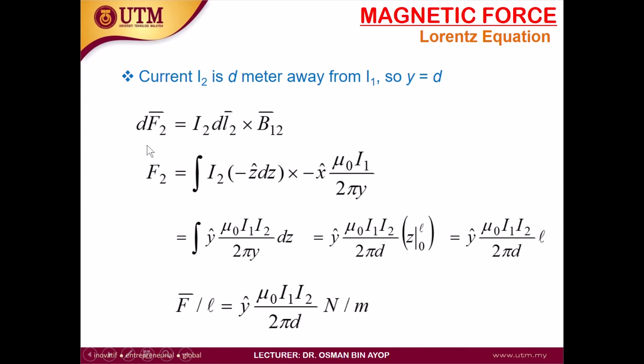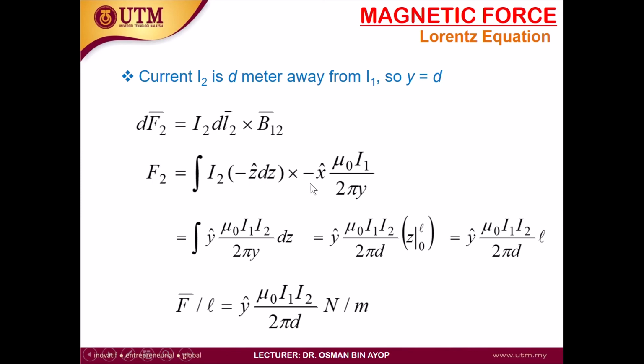So the force dF2 equals I2 dL2 cross B12. To find the total force, F2 is equal to the integration of I2 with negative z dz. Why do we have negative z dz here? Because the direction of current I2 is in the direction of negative z, and because our dl is a vector, we put negative z dz.